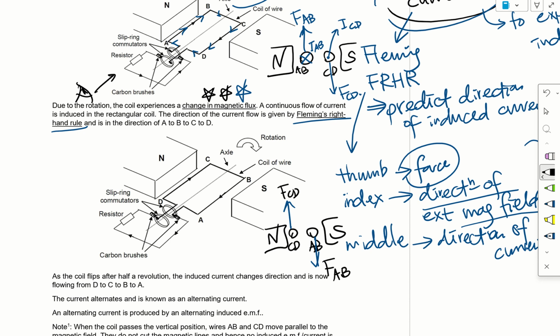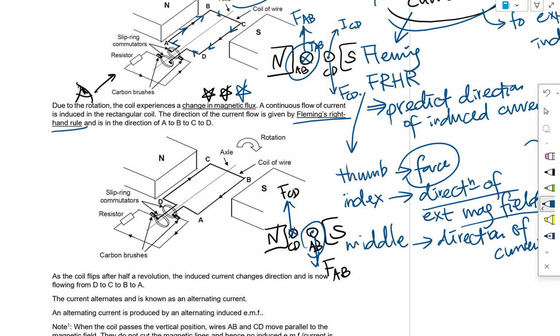So we apply Fleming's right hand rule, and the current will still be in the same direction in the coil, but opposite for arm CD as previous and opposite for arm AB as previous, right? So if you compare AB when it was nearer the left hand side, the current is into the page. Now AB is nearer the south pole on the opposite side, the current is actually coming out.